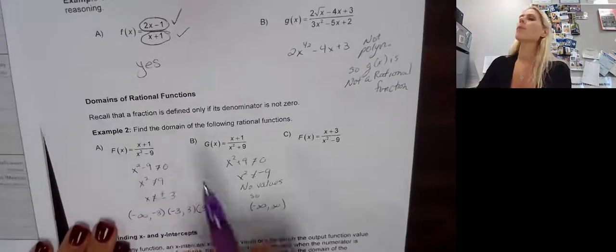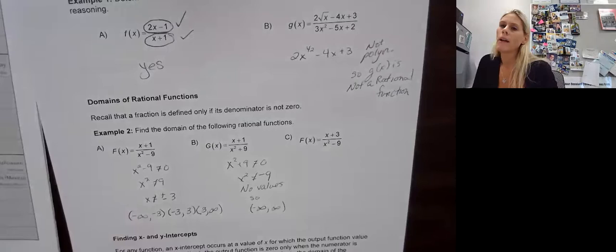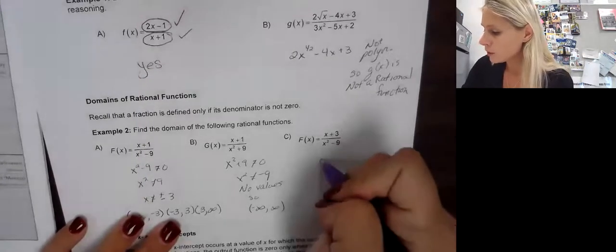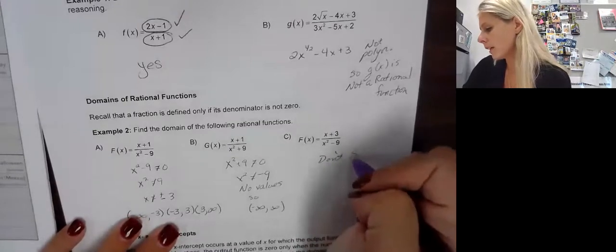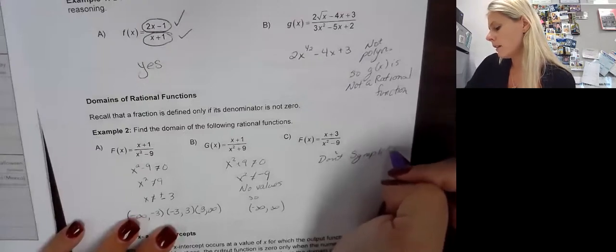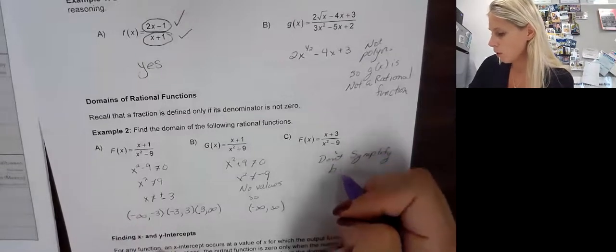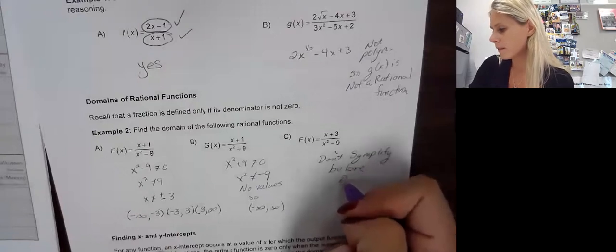Now, many of you might remember from secondary 3 or some of you from calculus that you might be able to cross off. But right now, when we are doing domain, you do not want to simplify. So don't simplify before domain.